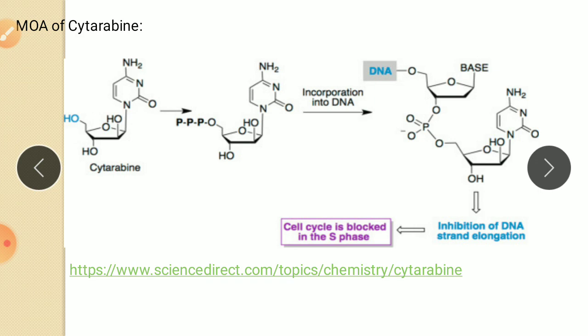So the mechanism of action of cytarabine. Again here there is an activation. So it is the cytarabine drug. Here a phosphate group is added, so it is converted into a nucleotide. The drug is without a phosphate group, but after activation, a phosphate group is added, that is, it is a nucleotide, and then this nucleotide is incorporated into DNA instead of normal bases.